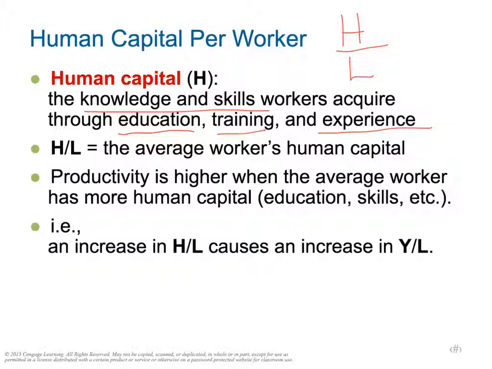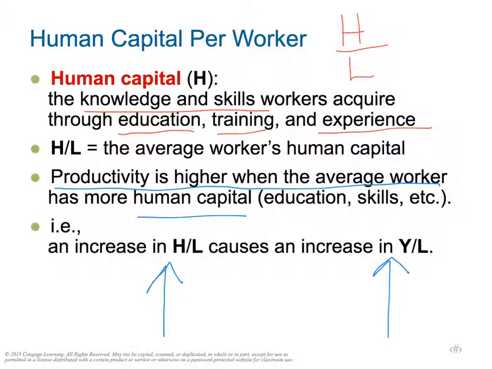Okay, so this isn't rocket science here, but productivity is higher when the average worker has more human capital. So if we increase our human capital, we increase our output per labor hour. Okay, so that's just all this bottom portion is showing. Again, the idea of constant returns to scale.